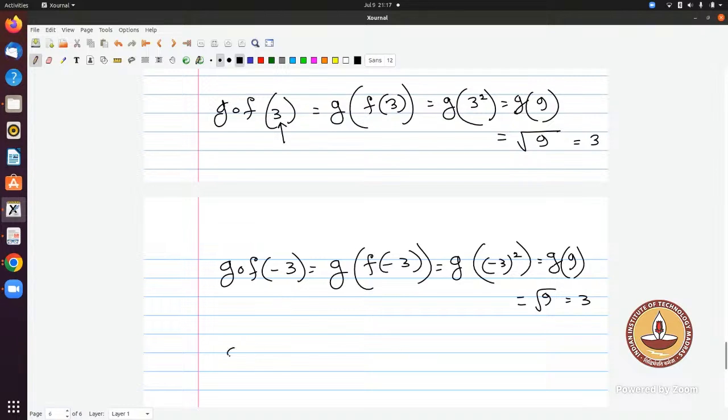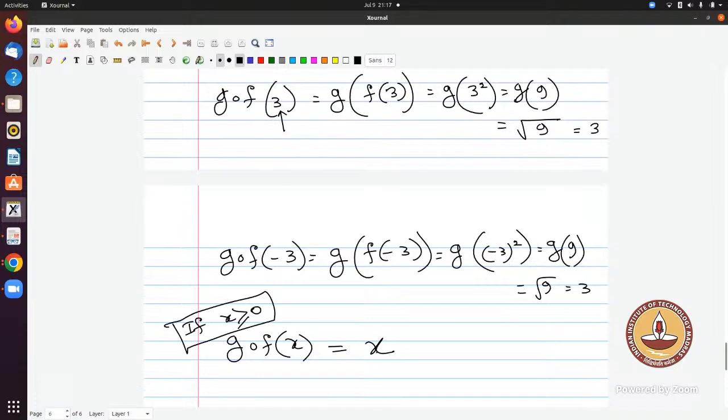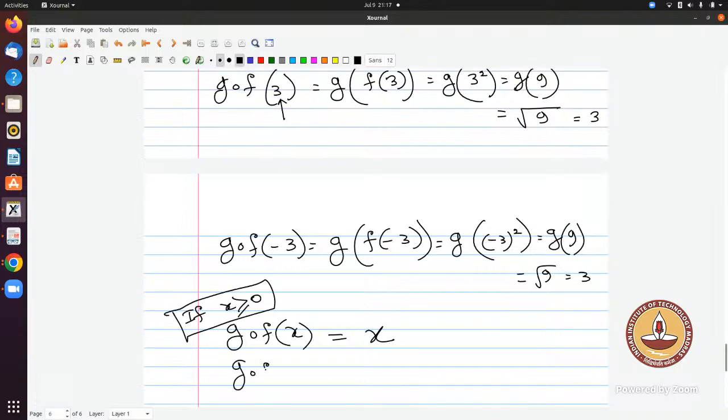So basically, for g of f of x, if x is positive or 0, then I am getting x. If x is less than 0, then I am getting minus of x. Correct? Because for minus 3, I am getting 3, it alters the sign.